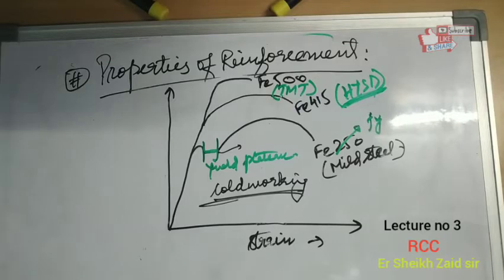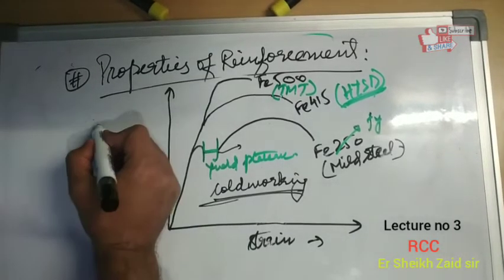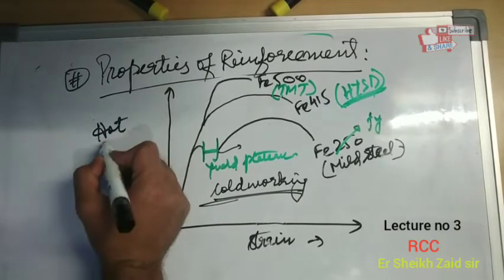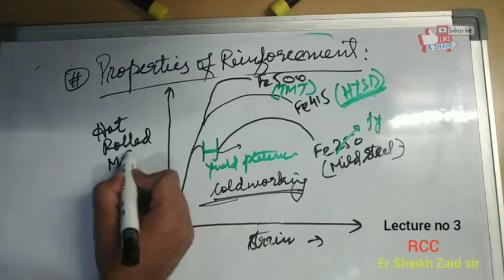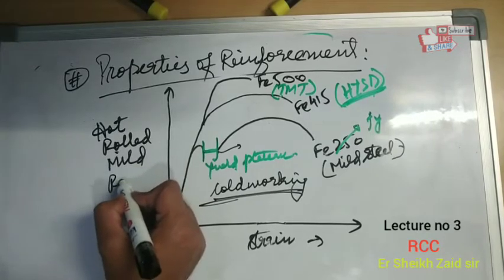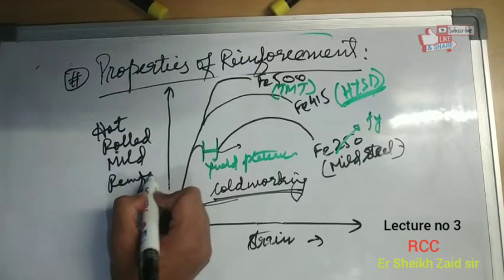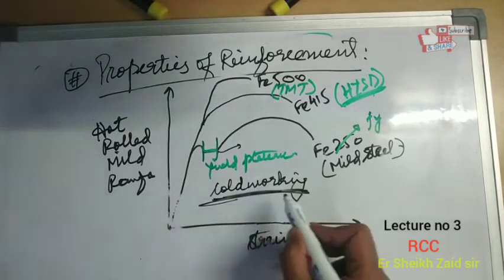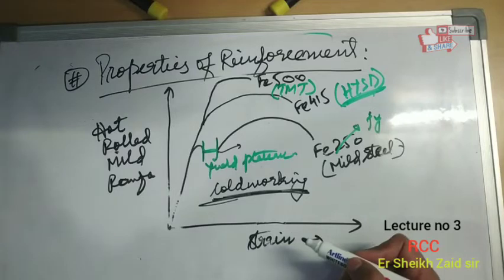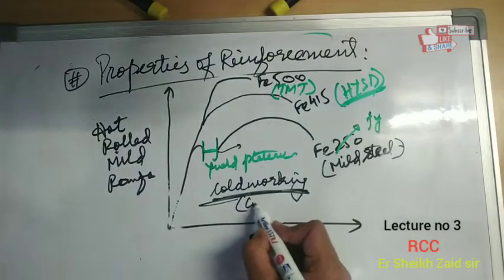And what about hot rolled reinforcement or hot working? So this process was cold working, and the bars were called cold twisted bars.